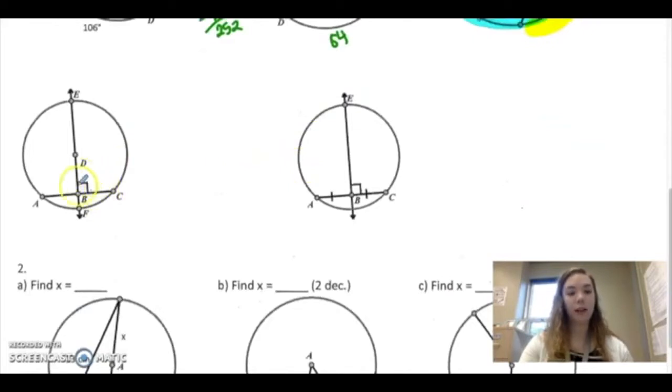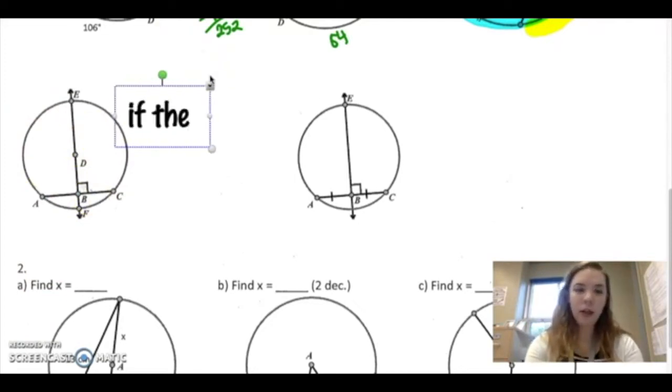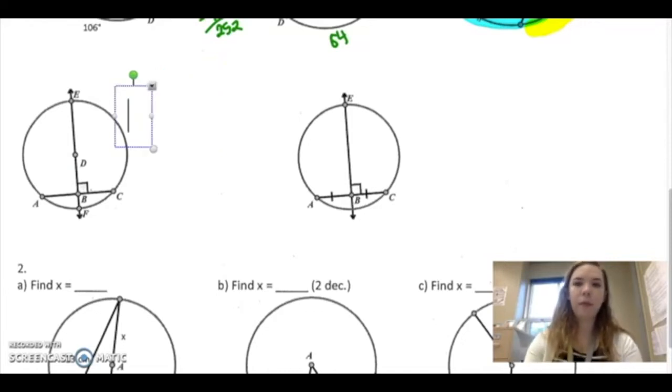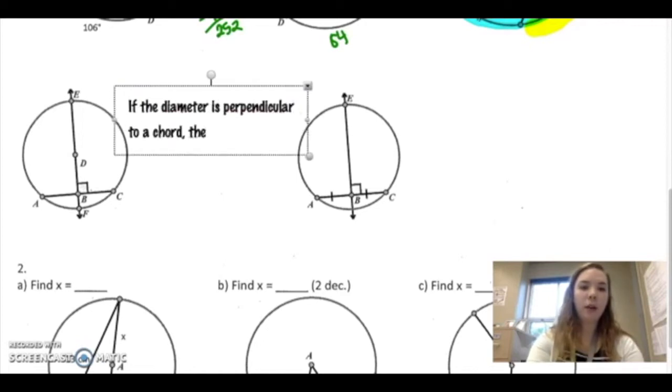All right, so next theorem. This is a different theorem here. We're saying that if the diameter is perpendicular to a chord, then the chord and their arcs are bisected.